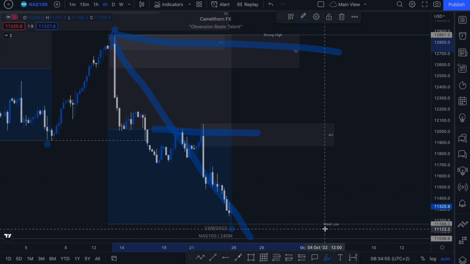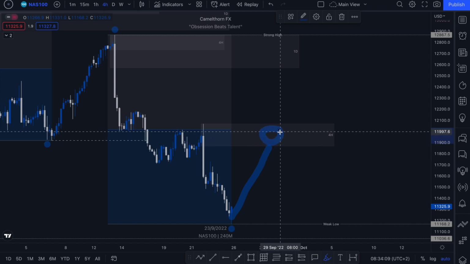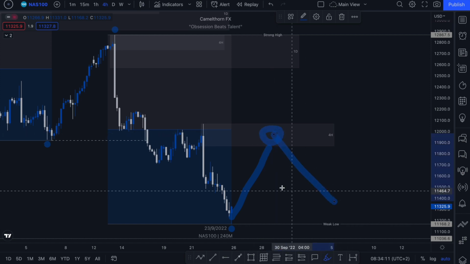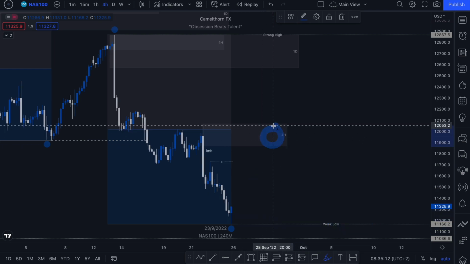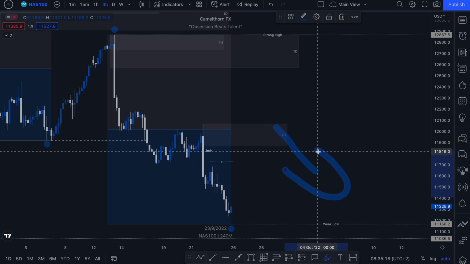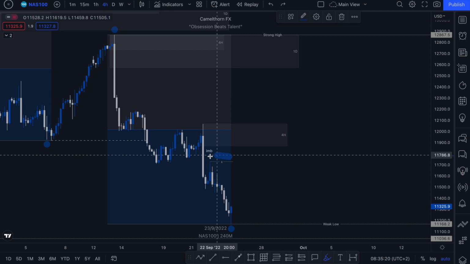So what we can anticipate is price action to pull back, and then this would be the first area that we are going to start looking for potential entries for price action to pull down lower. So this is going to be our first supply zone that we want to see a potential mitigation from before that bearish continuation occurs. We have the imbalance, we have the liquidity.